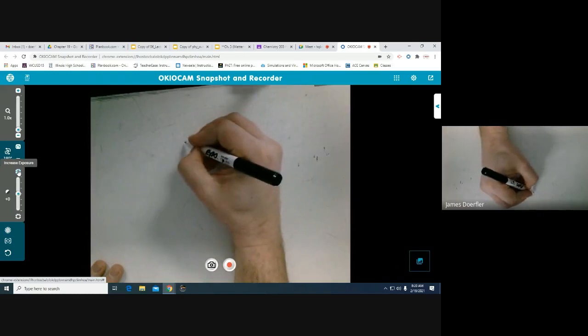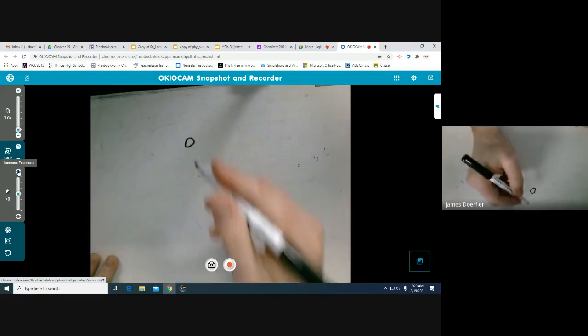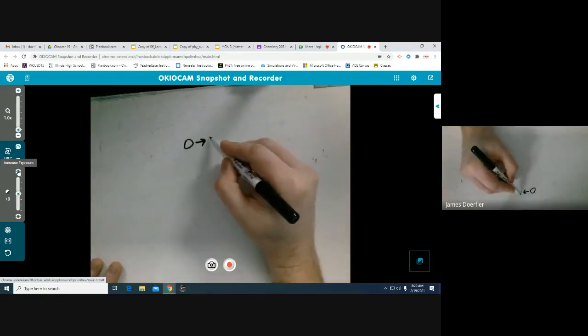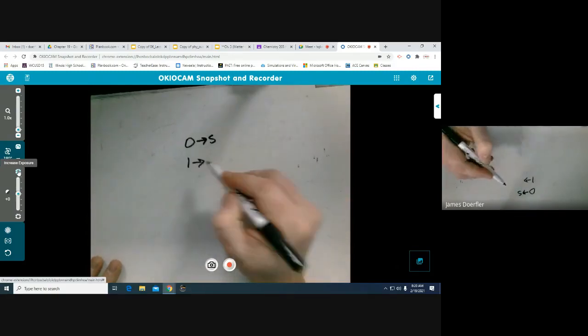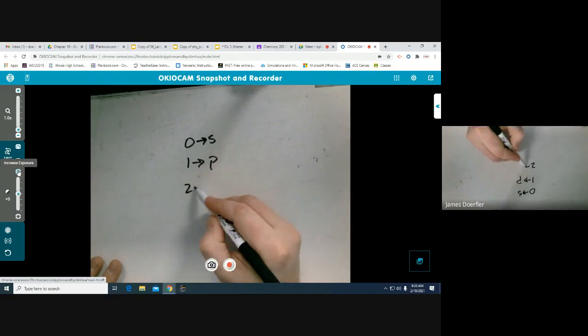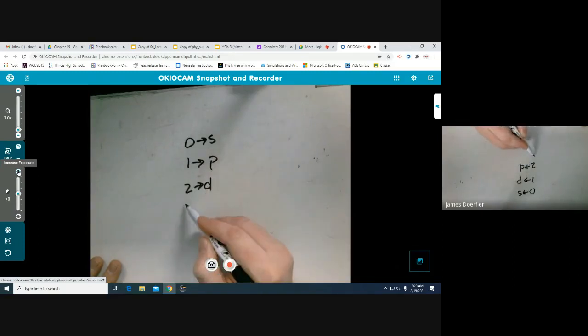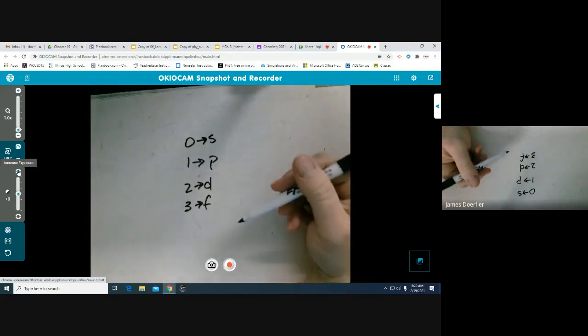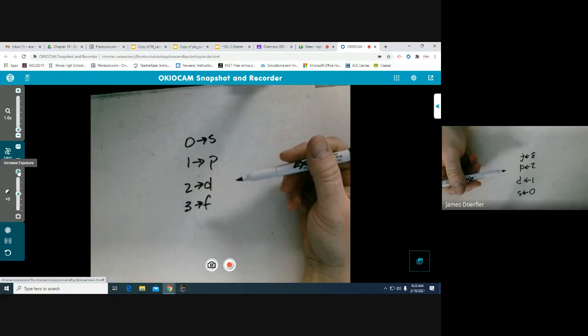What letter represents 0? What letter represents 1? 2 and 3. Do we really need to worry about any other letters besides these 4? We do not.